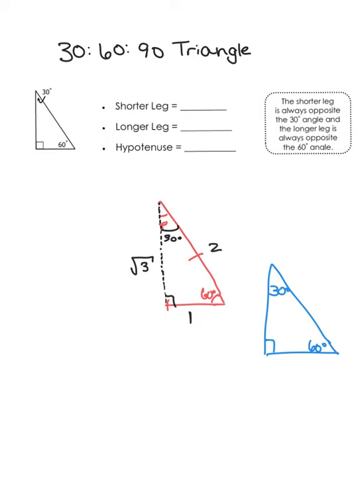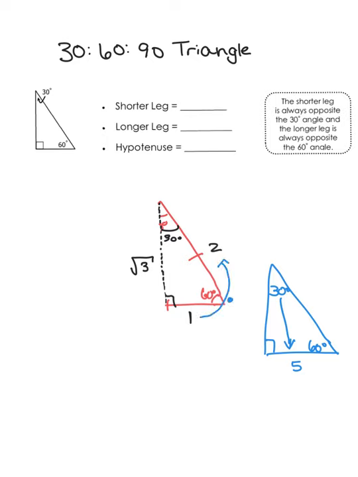So what if I have a 30, 60, 90 triangle, and I know that the side across from my 30-degree angle is 5? How can I use that information to find my other sides here? Well, I'm going to relate that back to my generic triangle, to my short leg, my long leg, and my hypotenuse. So what am I going to multiply 1 by to get the hypotenuse, to get 2?